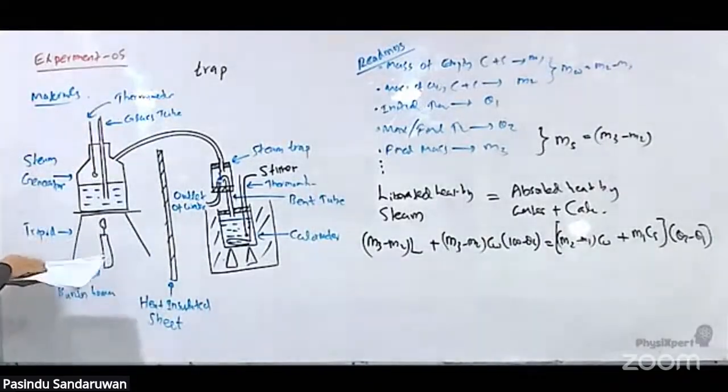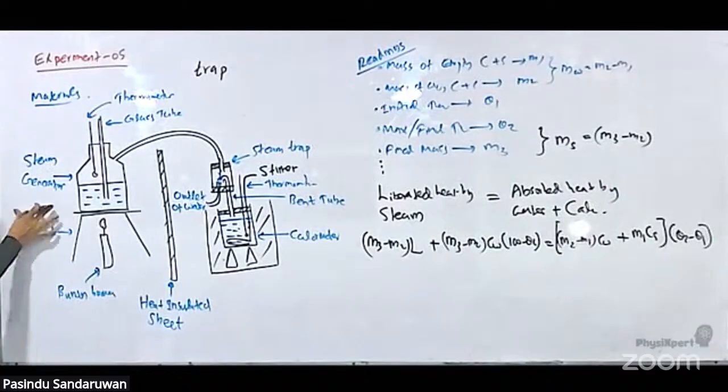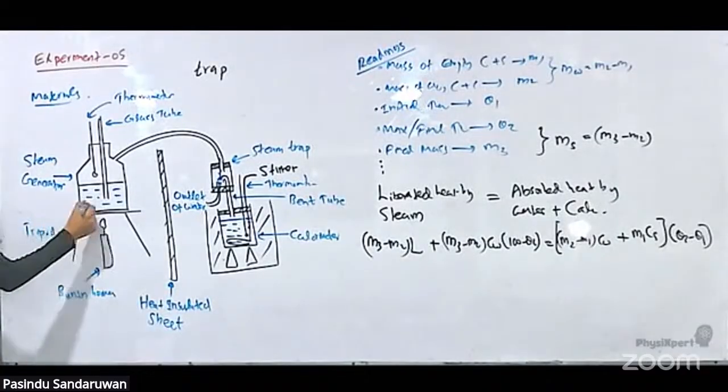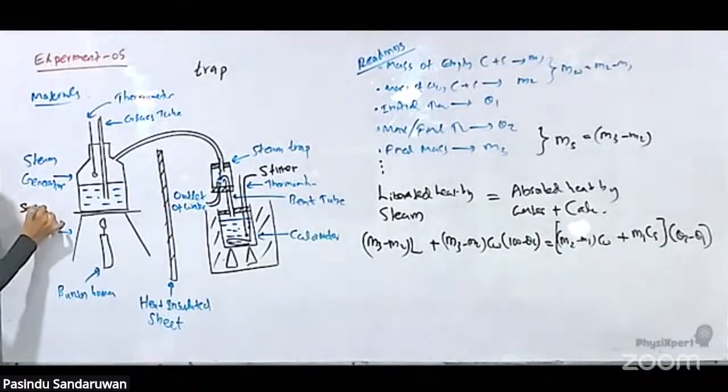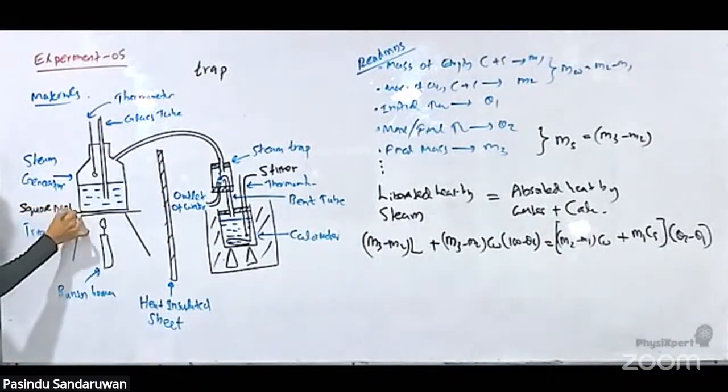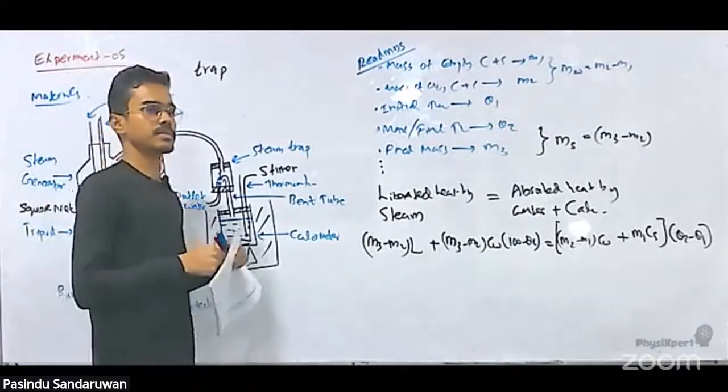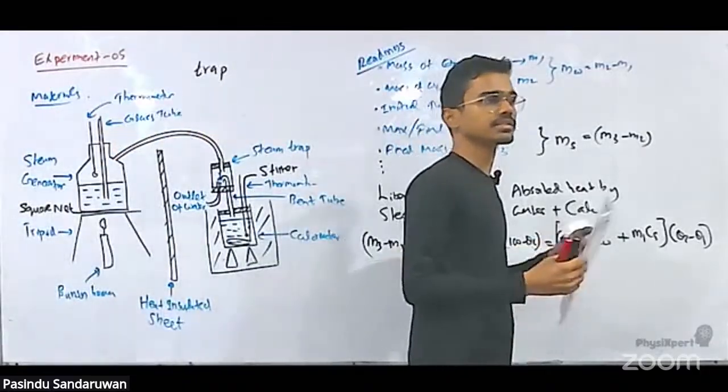This one is not labelled. Wire gauze, wire mesh, or the square net. Here is the square net. I already told you the purpose. What's the purpose of using the square net?